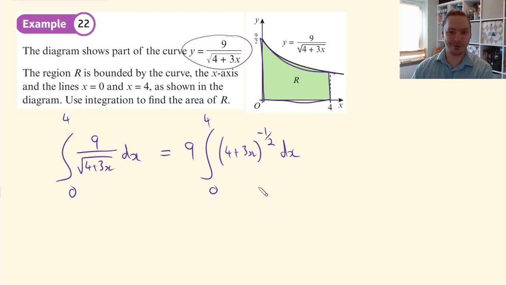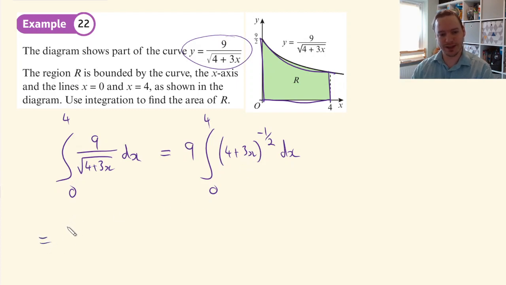It's a lot easier to deal with it in that format instead of 1 over root, because now we can spot that this is one of these reverse chain rule problems. We've got a linear function inside a standard function, and therefore I can integrate this like normal, but I just have to then multiply it by 1/3.